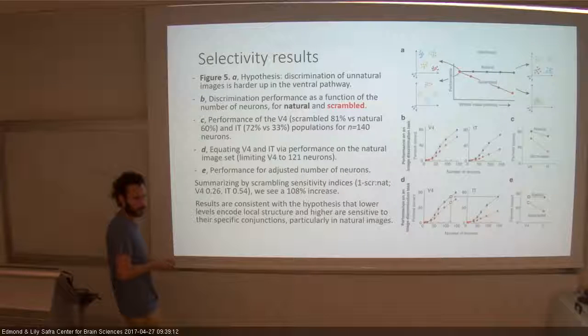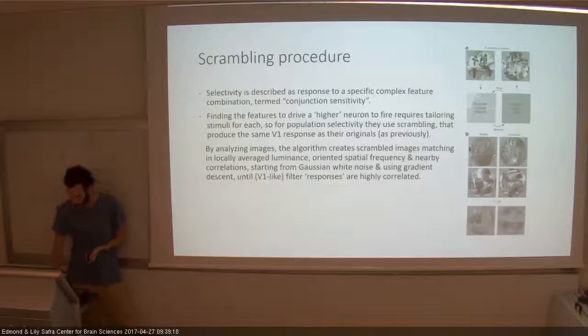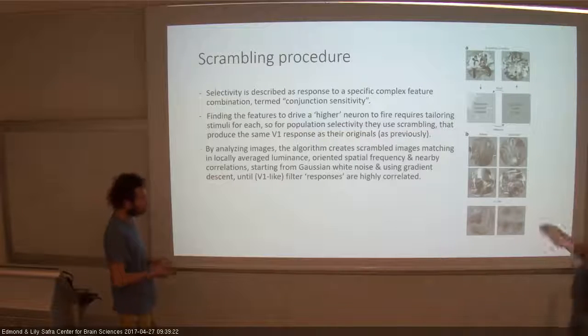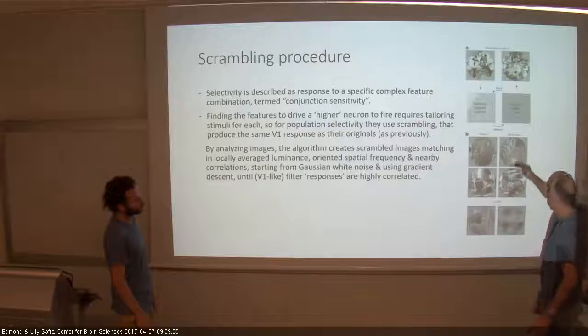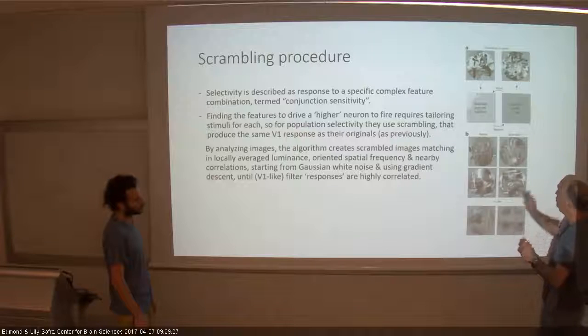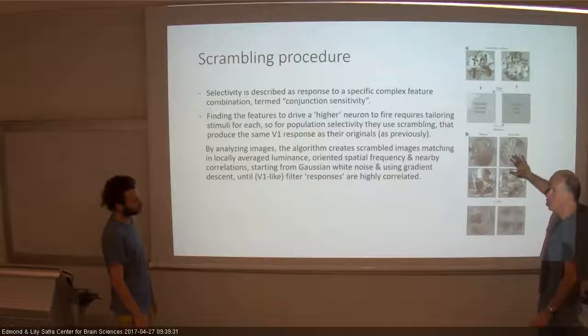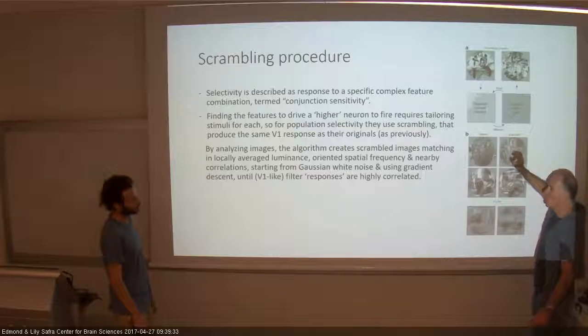I think the point is, if you look at the different scrambled images, go back to the slide before, maybe that would be helpful. What is the difference between these different natural images and scrambled images? If you look locally, there's a great difference between them. They're not equal in terms of what the local contrast looks like.